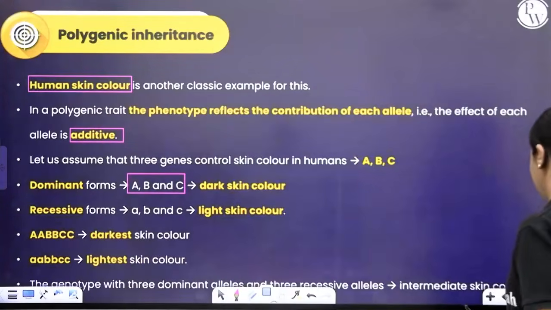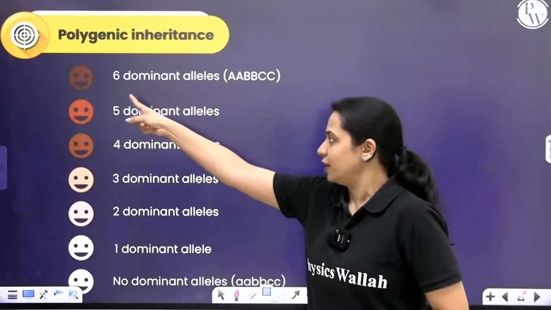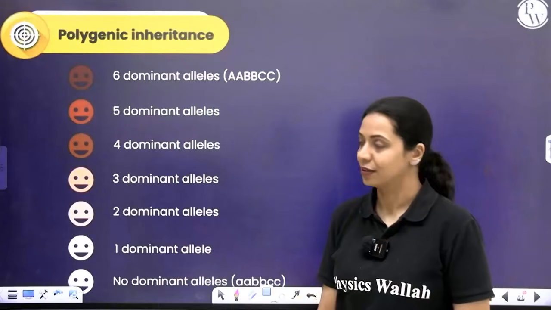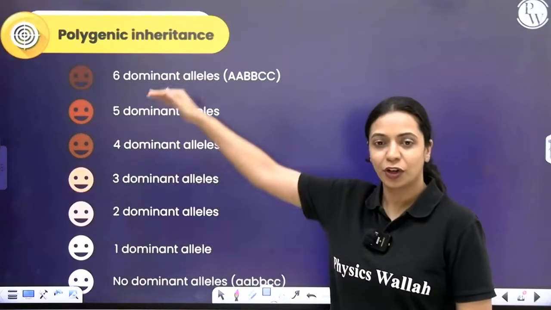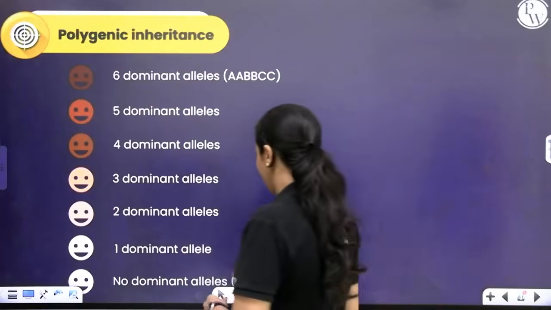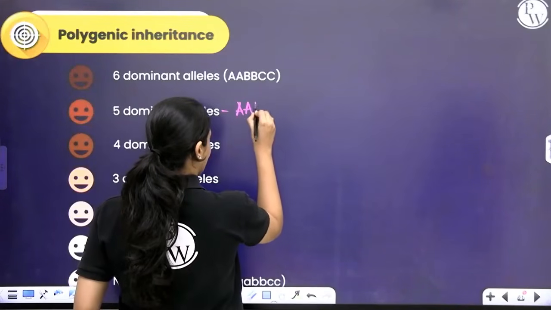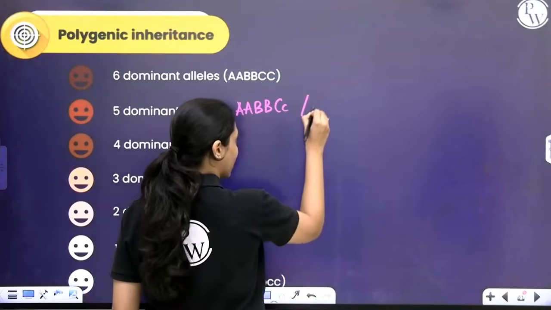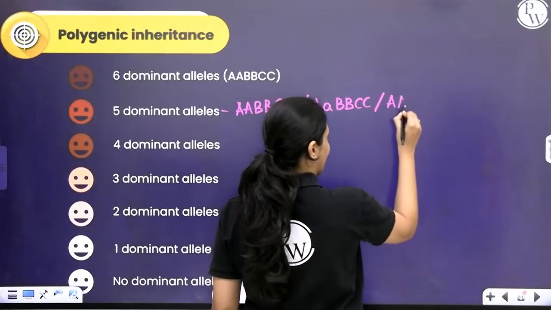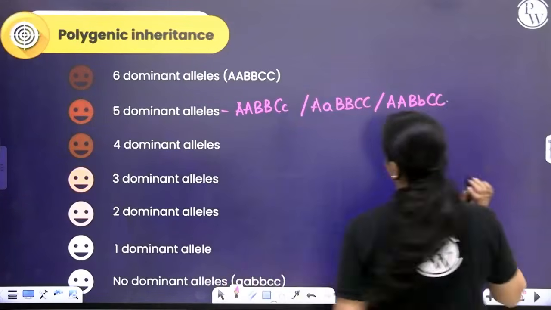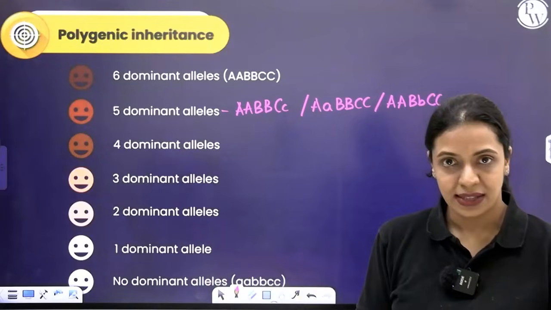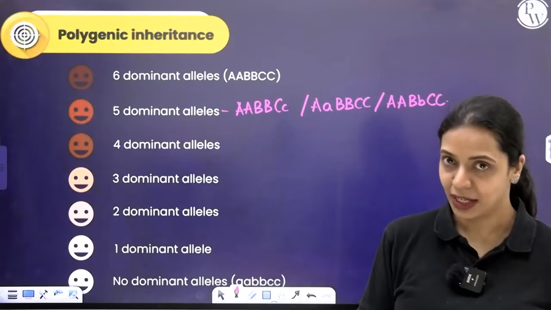Okay, for example, let's see here. If all of them are dominant, it's going to be the darkest skin color. If all of them are recessive, it's going to be the lightest skin color. If 5 of them are dominant, it's going to be slightly lighter than all 6 dominant. Now over here, the 5 dominant alleles could be in different combinations, like A, B, B, C, C. In all these 3 genotypic combinations, you can see there is one recessive allele and the remaining are dominant alleles.